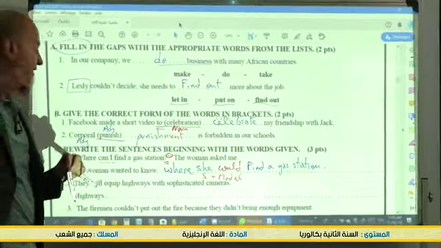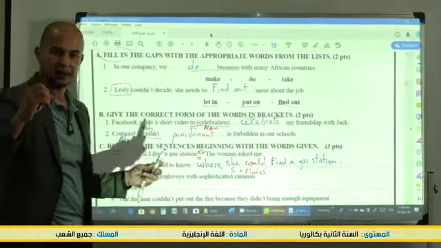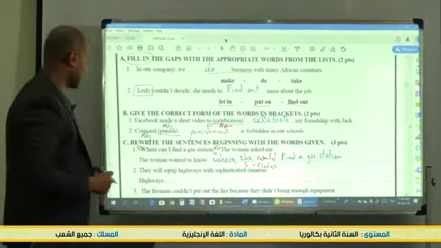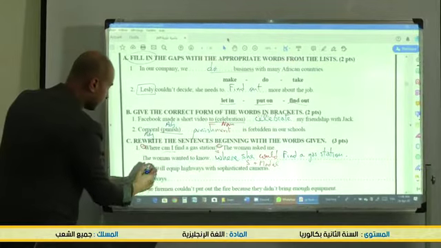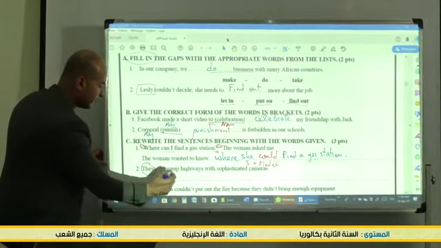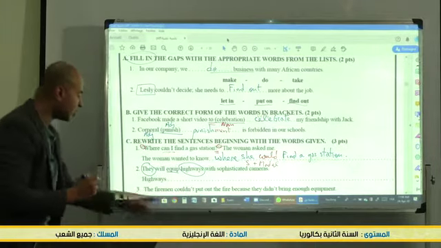With sophisticated cameras. The cameras are sophisticated, very developed, high technology. They will equip, so "they" is the agent or the doer. The verb is equip. Equip what? Equip highways. And then we start with highways.